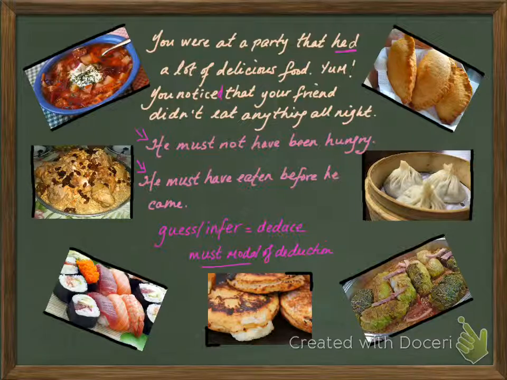Combined with our part 1, where we talked about could, may, oh, I'm getting confused, and might. These were our modals of possibility. We talked about should, which is a modal of advice.